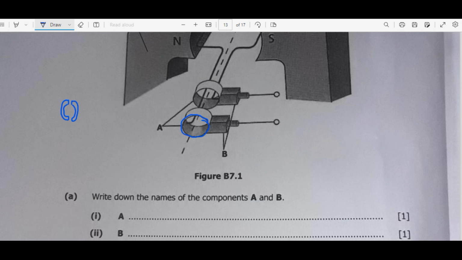So the one with no gaps is called slip rings. Whenever you see these gaps here, this is what we call a split. So that's the difference. The other generator has the split ring commutator. Whenever you see a gap, it's a split. When there is no gap, then it is slip rings.